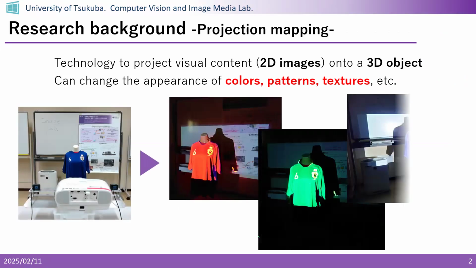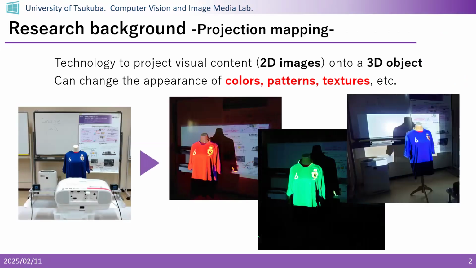Let me explain the background of our research. Have you ever heard of projection mapping? It is a technology to project 2D images onto a 3D object by a projector. This is a demonstration of projection mapping that I actually performed.